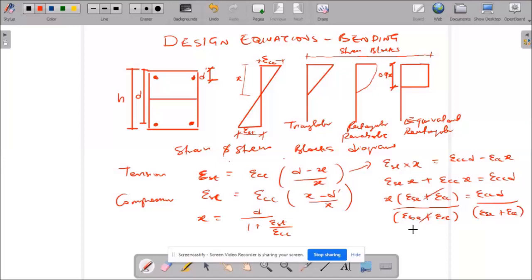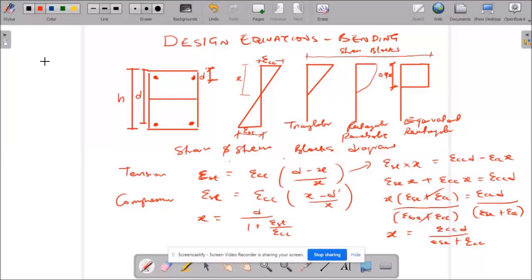So this will cancel with this. We have x is equal to Ecc d over Est plus Ecc. With this, let's go to this side. We divide all through by Ecc so that we can eliminate this to have d alone.